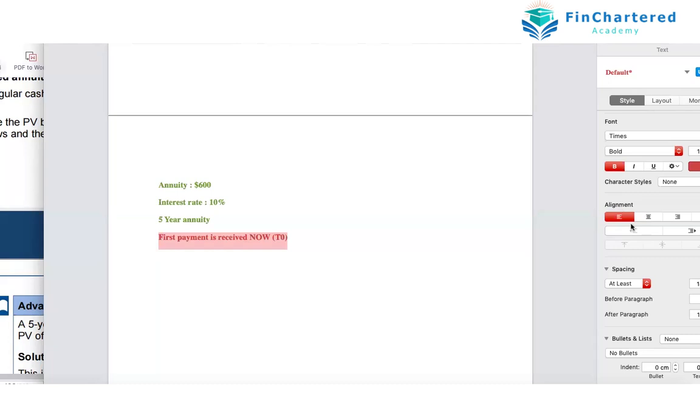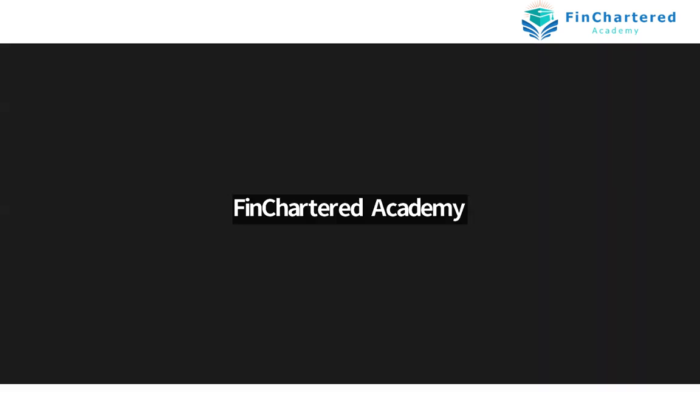Now, we will assume that there is no such thing as an advanced annuity. So what I will do is open my annuity factor table.